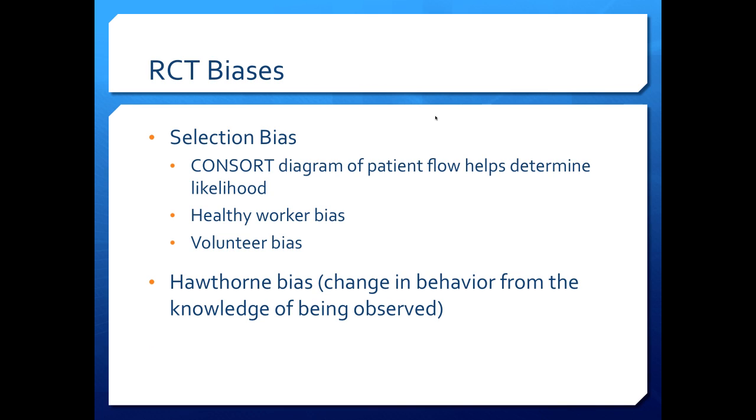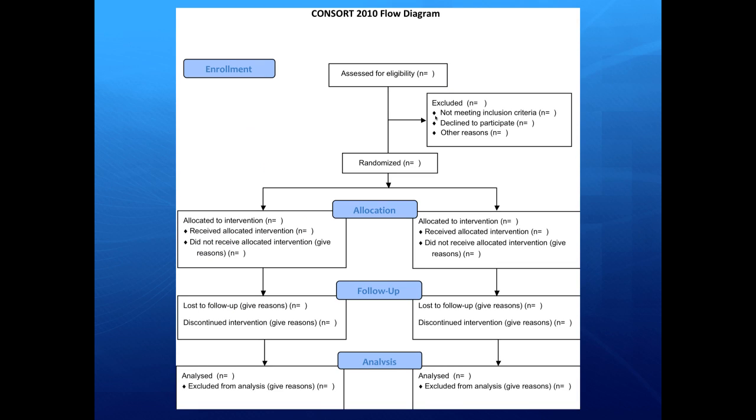Although randomized controlled trials are generally a very robust study design, they are still subject to bias. In particular, look for selection bias and Hawthorne bias. A CONSORT diagram can really help you determine the risk of selection bias, since it takes you through the whole sampling to analysis process.